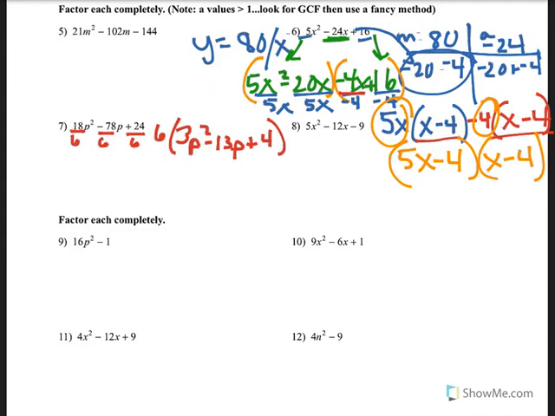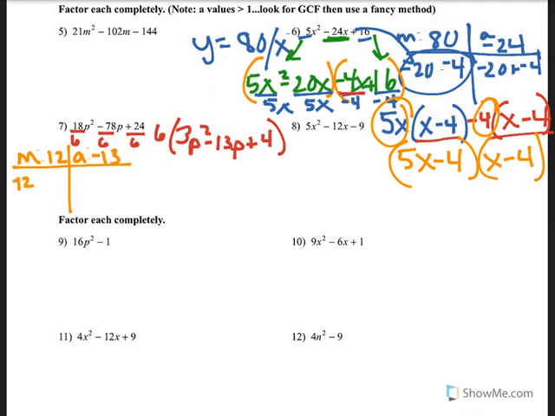So I need something that multiplies to be 3 times 4, 12, and adds to be negative 13. Well, when they're numbers that are really close together, like 12 and 13, it's usually going to be that number and a 1. So they're going to be 2 negative numbers, obviously, because when you multiply them, it has to be 2 negative numbers to make that positive.